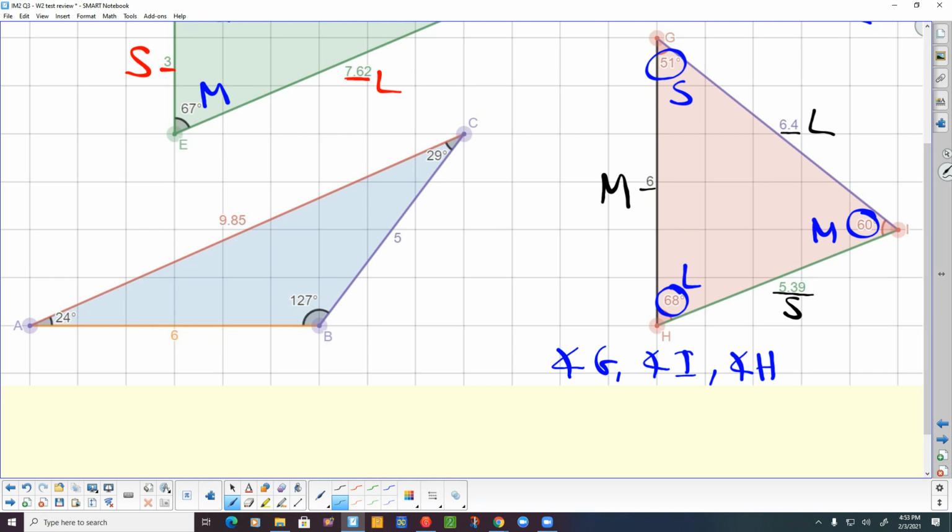Notice our short side is from H to I. So I'm going to say H, I is my short side, comma. Medium goes from G to H. I'm noticing a pattern now. And my long side goes from G to I.